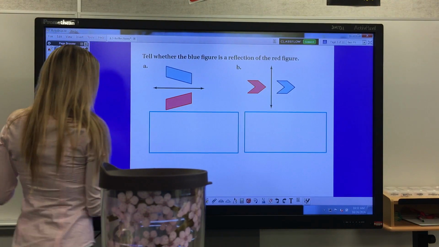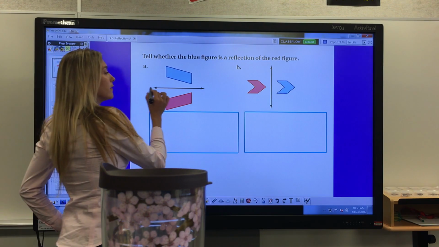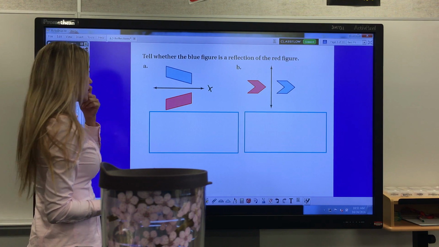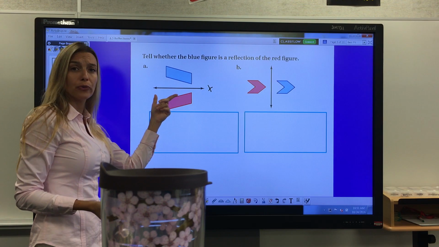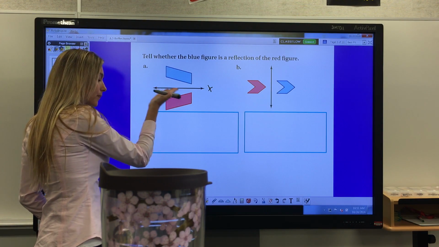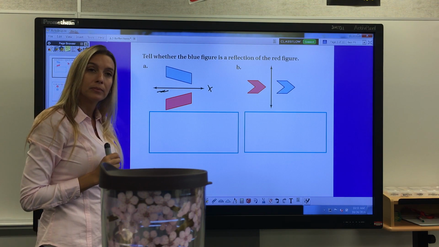Let's look in here. We need to say if this is a reflection. So imagine I have my x-axis in here. And the question says, tell me, is the blue figure a reflection of the red figure? So this red figure is looking at itself in a mirror. Is this the way it's gonna see itself?